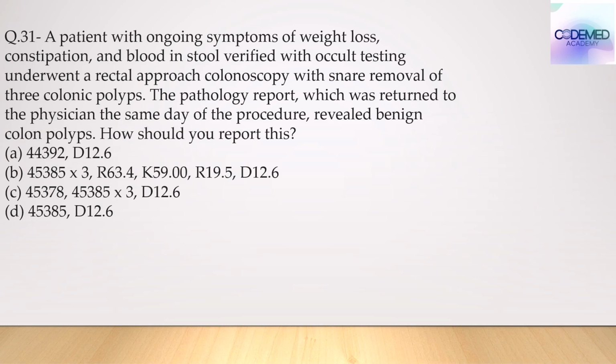The data is pretty simple: they did the colonoscopy, they found the colonic polyp, and that was removed by the snare technique. Whenever we are coding for the colonic polyp, how that polyp has been treated is also a very important consideration for the code. And of course it is a benign colon polyp, so that also we have to take into consideration. So let us see what's the answer.